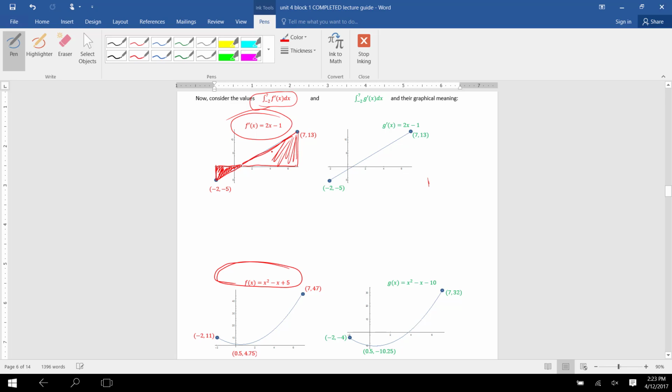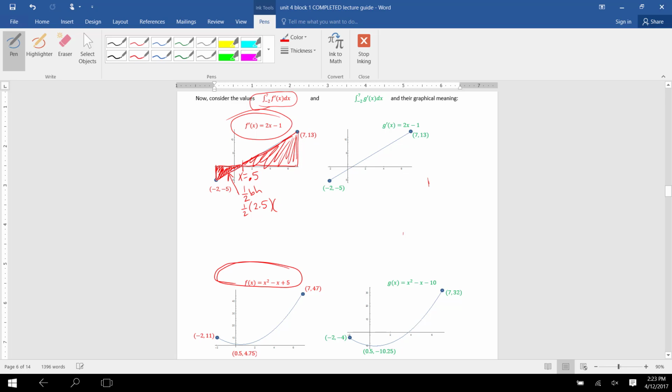So we first have this little triangle over here that spans from x equals -2 up to x equals 0.5, where this function has an x-intercept. The area of that little triangle can be found with 1/2 base times height. In this case, the base spans from x is -2 up to x is 0.5, so the length of the base is 2.5.